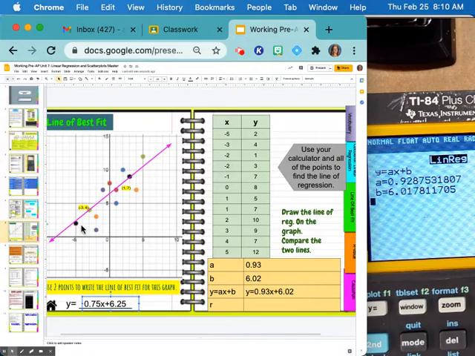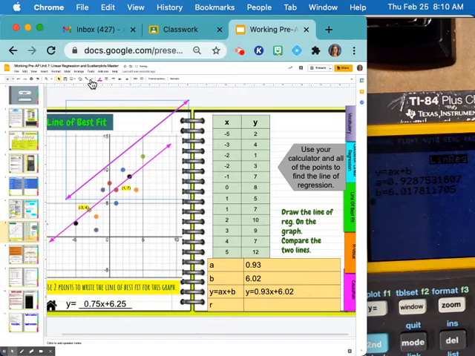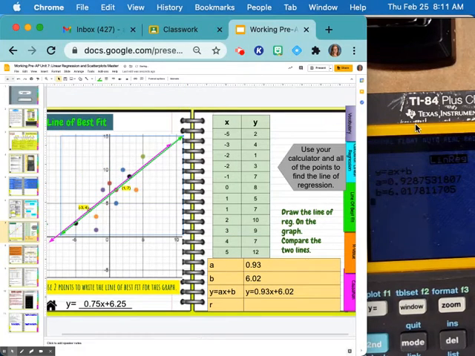So we're going to graph that on here. Let's look and see how we can create a new line. I'm going to copy and paste this line and then make it a different color. Green, maybe bright green. So we know that the y-intercept is a little over 6, and our slope is, let's see, right at 6, really, right?